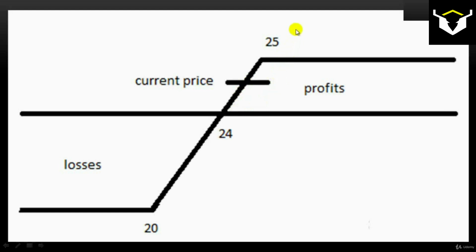If the market was to rise beyond 25, your profits will max out and you will make no further profit or loss. You can see a straight line. Similarly, if prices were to fall beyond 24, you will make a loss to a certain extent. After that, you will stop making losses. No matter how low the prices fall, your losses will max out and you won't make any more loss. So this setup is a no profit, no loss, limited profit, limited loss setup.